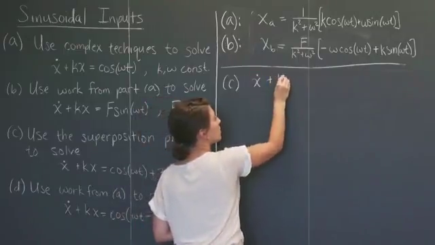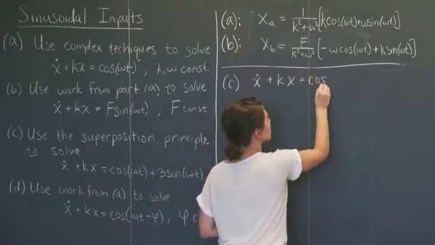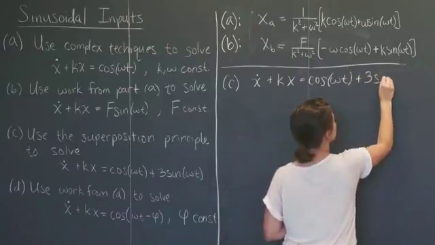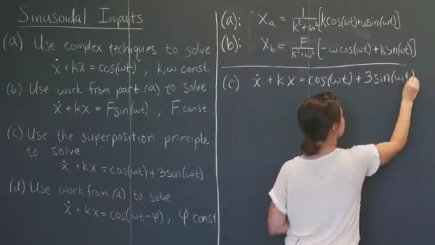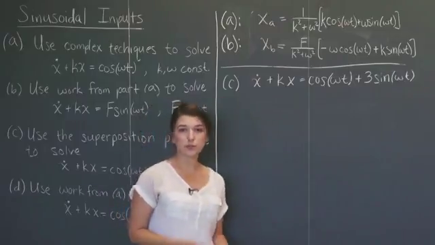So now we're going to move on to part C, which is to solve x dot plus kx equals cosine of omega t plus 3 sine omega t. To solve this, we're going to use the superposition principle.